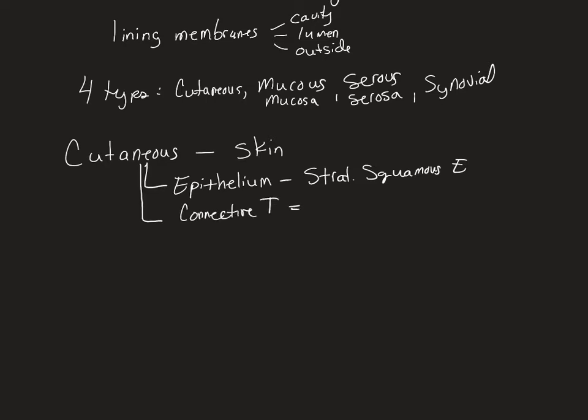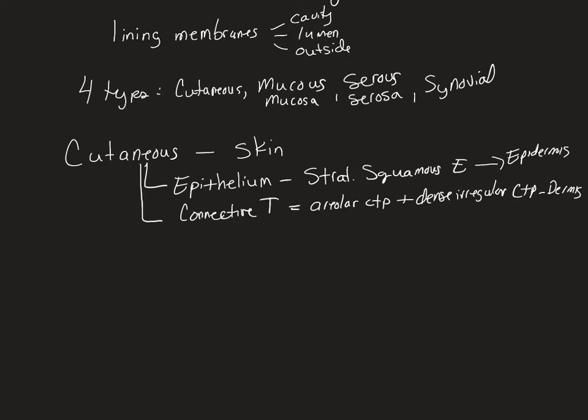that is actually going to consist of 2 things. It's going to be areolar CTP plus dense irregular CTP. And I've already mentioned these a little bit, and we'll talk more about them next week. But we also call these regions the epidermis and the dermis. Okay?